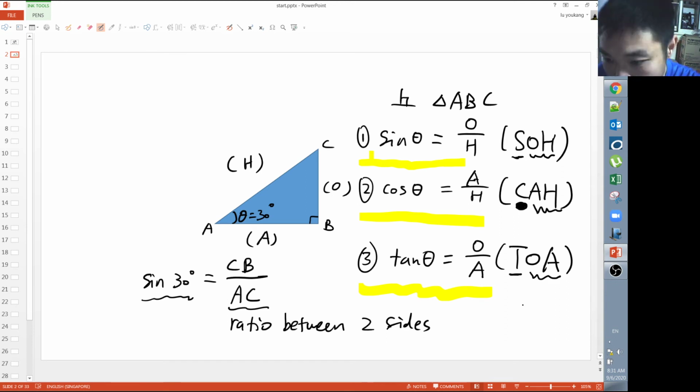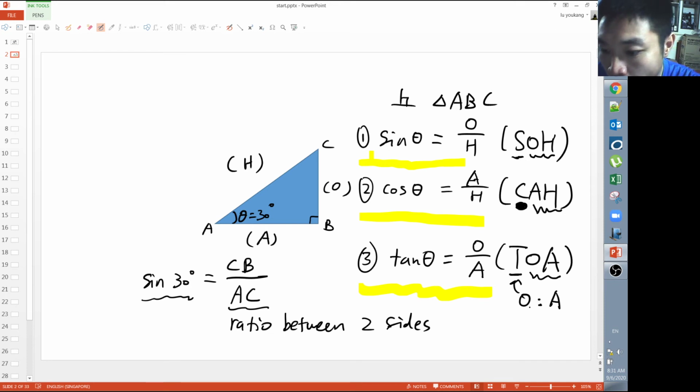And please note, the ratio here is not O to A for this example. When you take the tangent of an angle, you are supposed to get O to A. Yes, so that's how you remember all these three rules using these three shorthands.